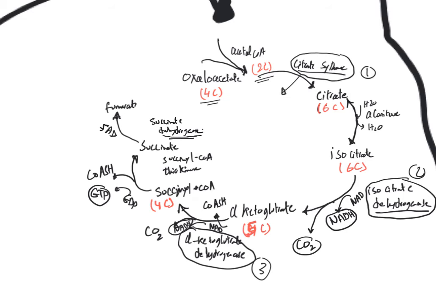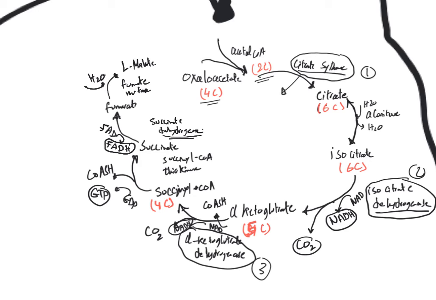This is the only FAD to FADH2 in the whole Krebs cycle. Then from fumarate to L-malate, we're going to use fumarase, and in this process it only adds water, H2O.